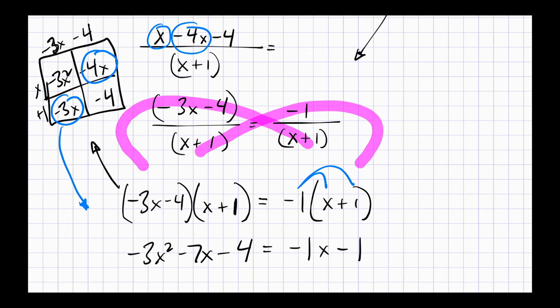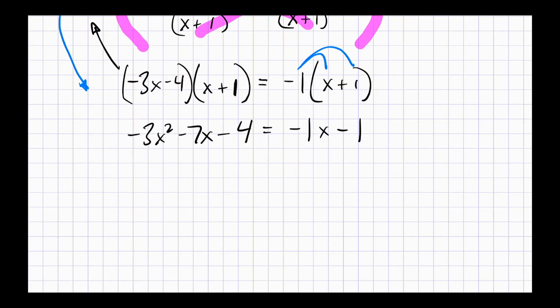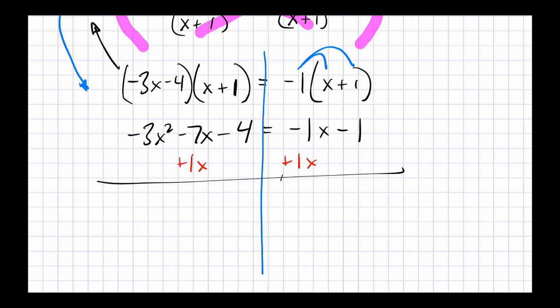Now, because I have x squareds on just one side, I'm going to get everything on that same side. So that's my next step. I'm going to add 1x to both sides, and that's going to combine with the negative 7x.